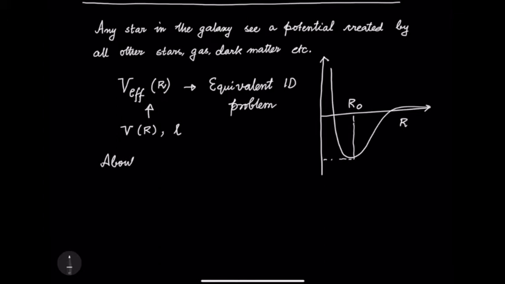About r equals r0, we will get a circular orbit, right? So here I will get a circular orbit. This is where the V effective is minimum.